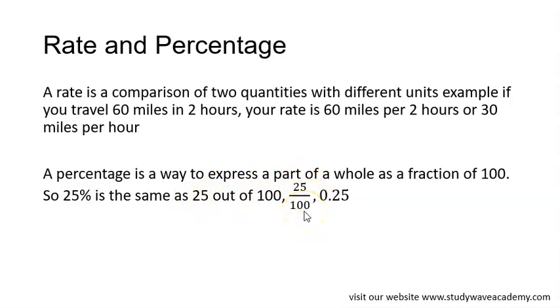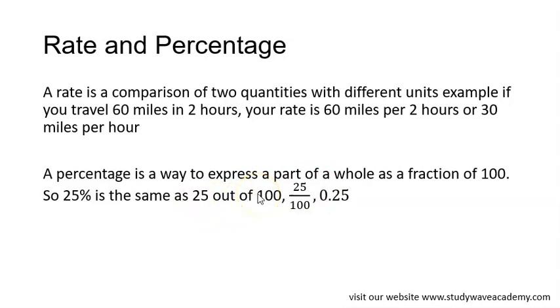Okay? It's also the same as 0.25. I will explain this, okay? So a percentage is a way of expressing a fraction out of 100. So 25 out of 100.